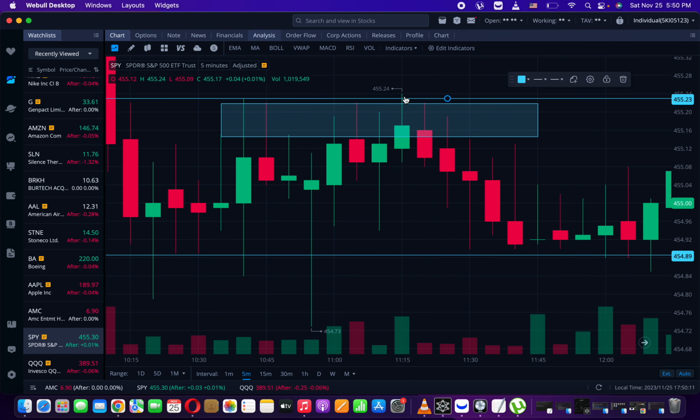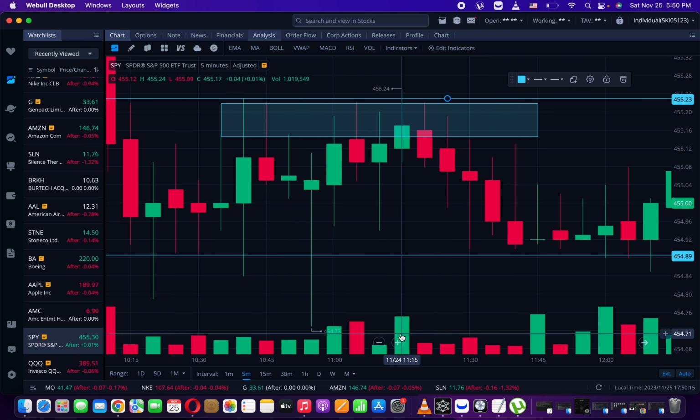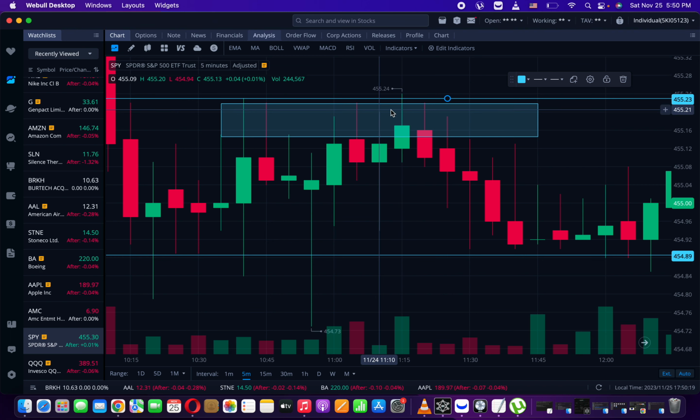We tested a new high here. And as we tested the new high, we had a massive increase in volume, which indicates that this probably right here was a massive amount of passive sellers who jumped in, and they had their limit sell orders ready to go.